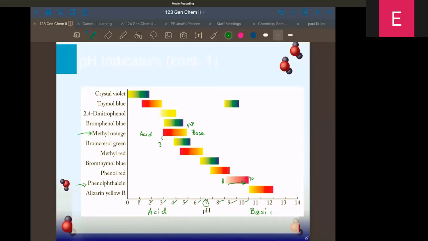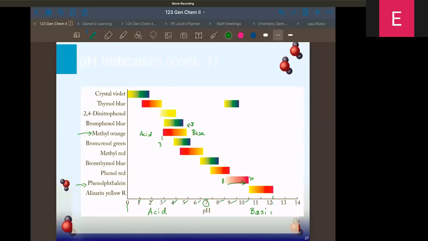Okay, so here, if you can see, this spans the pH from 0 to almost 12. So you can have indicators that actually allow you to find any pH that you want to target.